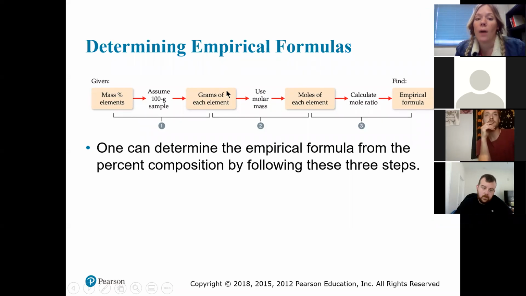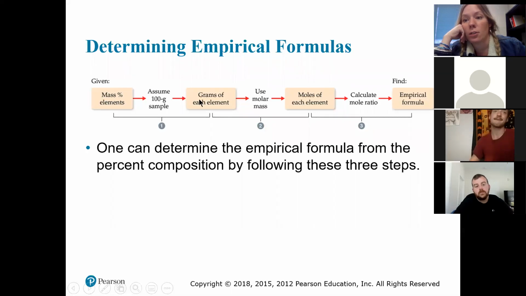I'll either give you the mass of the elements, or I'll give you the mass percent of the elements. If I give you the mass percent, like, hey, it's 33% this, it's 12% this, you can just assume it's a 100-gram sample and take that percent and flip it to a gram unit. So if you're not given grams already, you're given mass percent, just convert it to grams by changing the unit to gram.